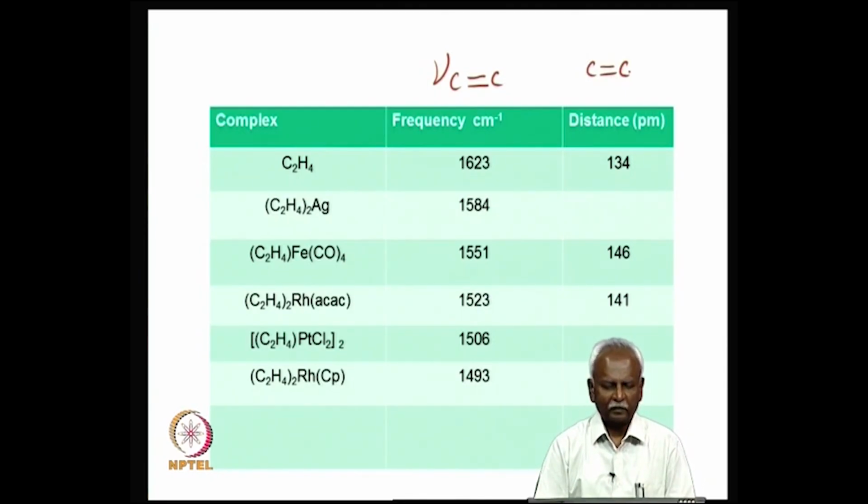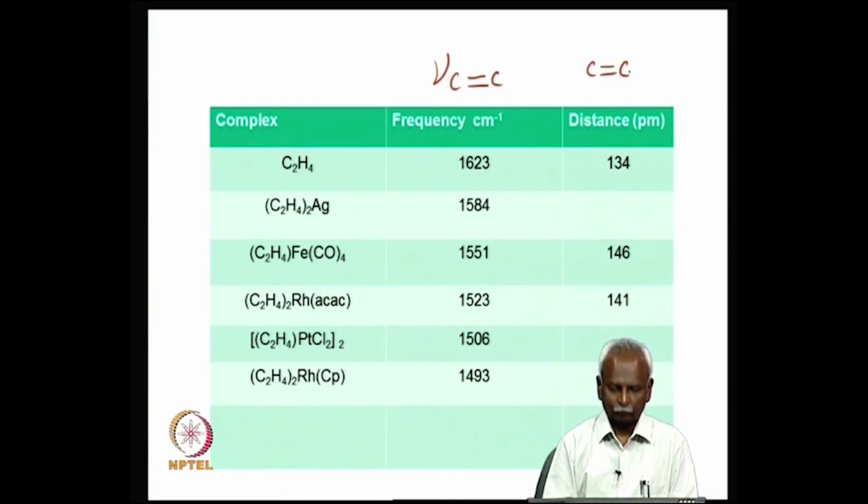You will notice that when you have a 4d or a 5d element, then the bond distance is different. There can be greater pi interaction between the metal and the olefin. And if you have a metal in a 0 oxidation state, then the bonding between the two carbons is decreased even further.